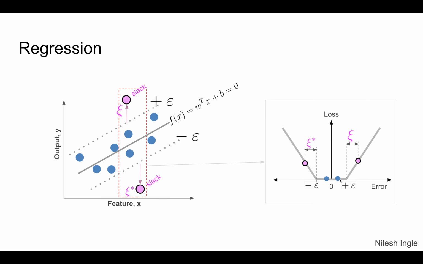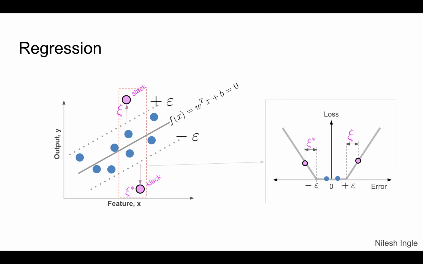However, as we move beyond those epsilons, we start going up on this loss curve, both on the negative side right here and the positive side. And therefore, these magenta dots shown on the left and right side have increasing penalty associated with them. So if there is an outlier in the data set, then that outlier would have a large penalty.